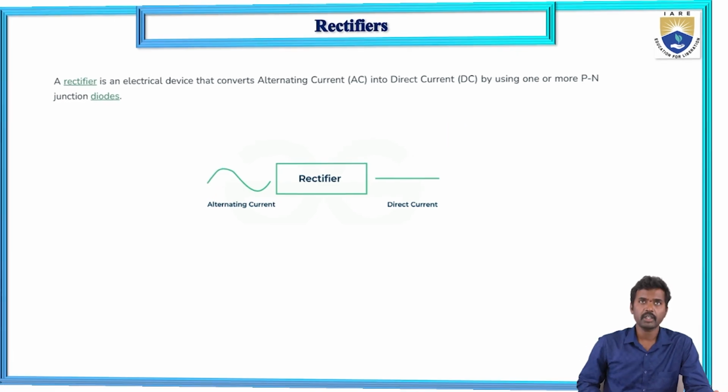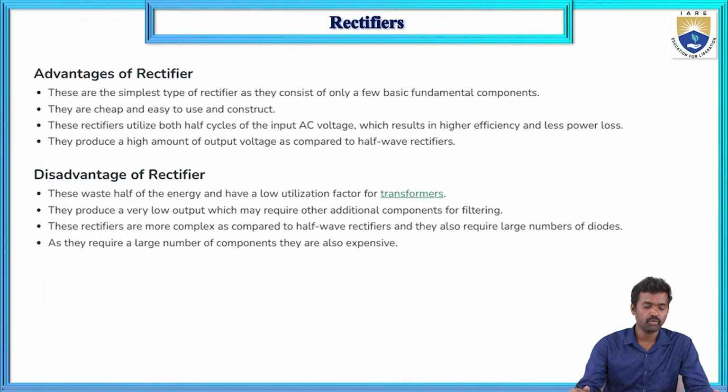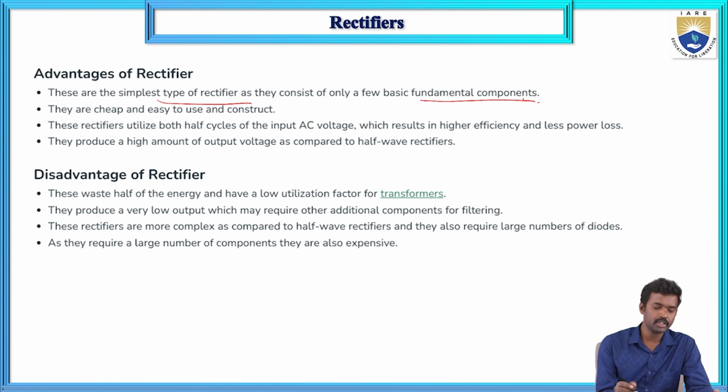So now, what are the advantages and disadvantages of a rectifier? Rectifiers are a simple type of circuit. They consist of only a few basic fundamental components, they are cheap, and easy to use and construct.